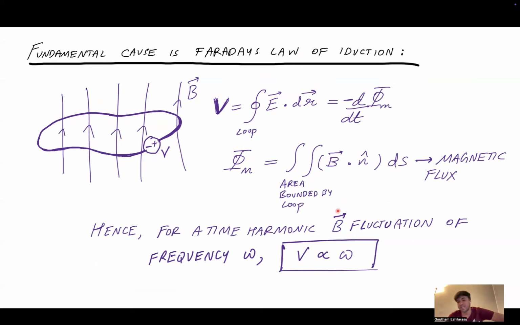So if you assume that this magnetic field B is changing harmonically, that is, it is harmonic in time and has a certain frequency omega, and if you substitute that in this equation, you will find that the voltage is directly proportional to omega. So the amount of voltage that is induced in the conductor because of the time-varying field is directly proportional to the value of the frequency of the magnetic field.